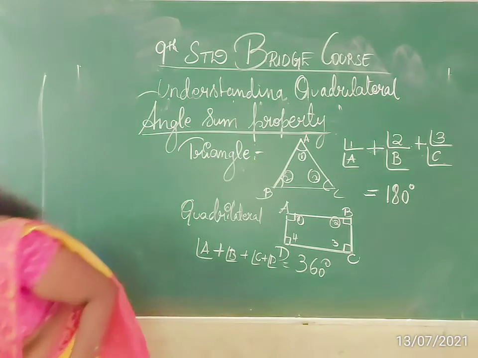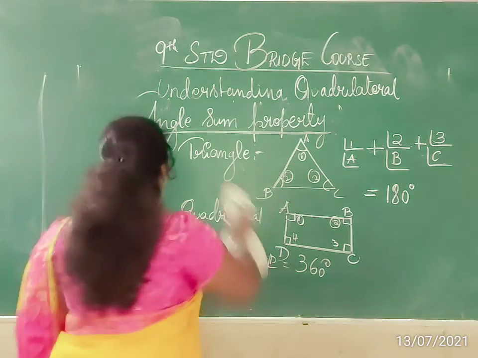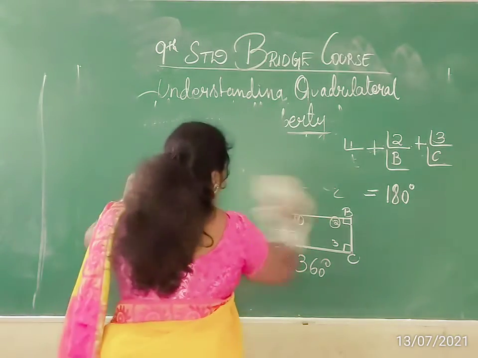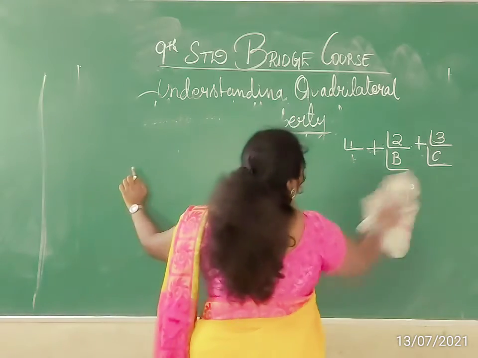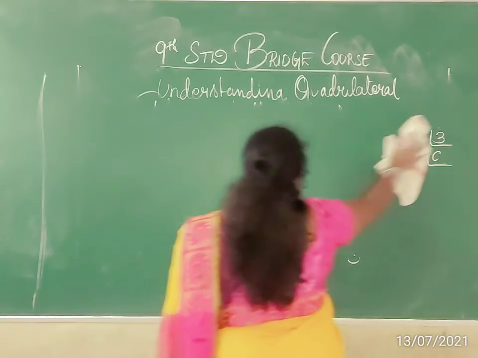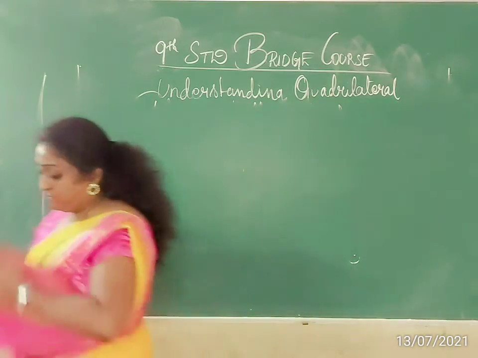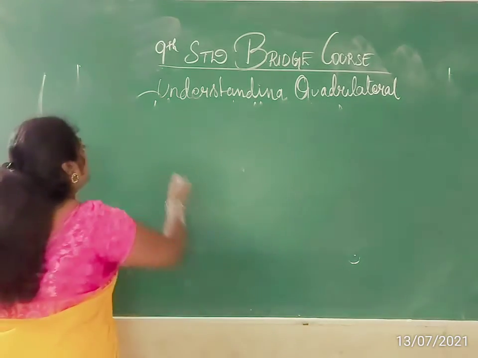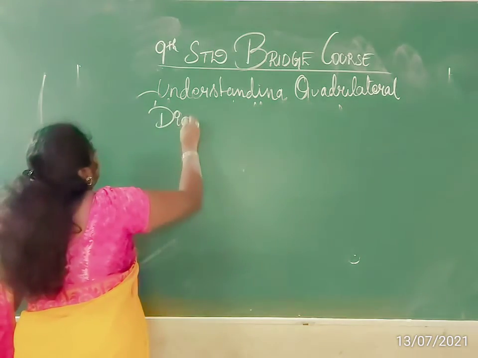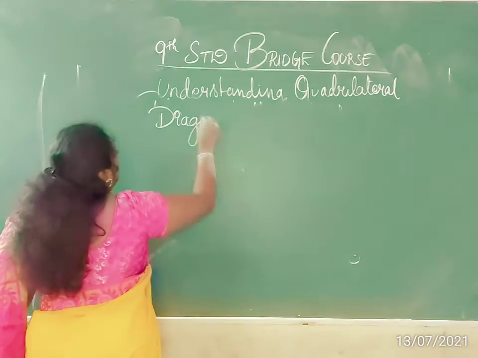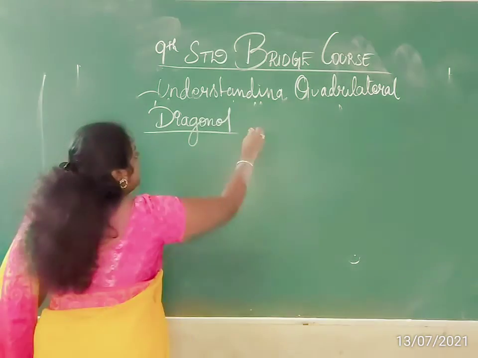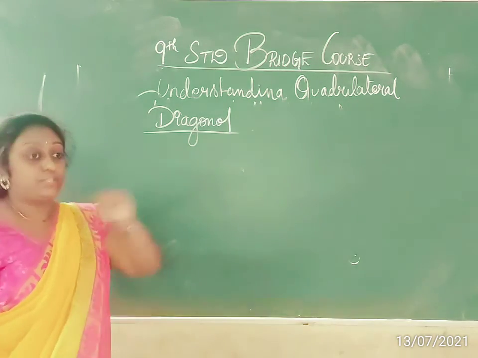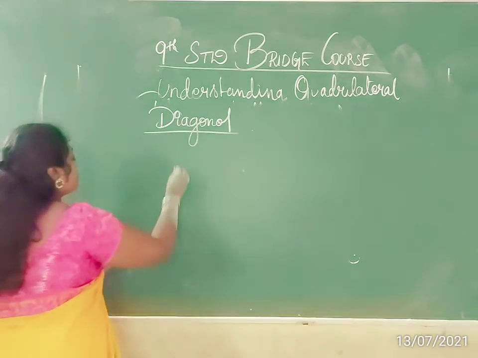Now one more term I will teach, that is diagonal. So what is a diagonal? Now let me draw a 4-sided figure and explain it. I am drawing a square.